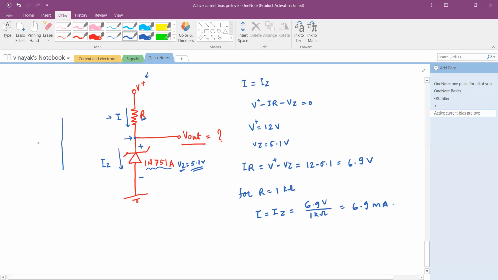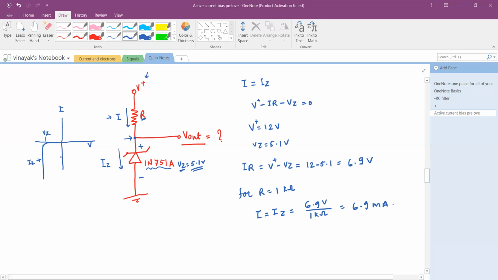As we know from the IV characteristics of the zener, for the reverse applied voltage, the current through the zener is negligible, but as soon as the applied voltage in a reverse way exceeds the zener breakdown voltage VZ, which is given in the data sheet specification, there is a sudden conduction current that flows through the zener, and that current is called IZ of the Zener diode.